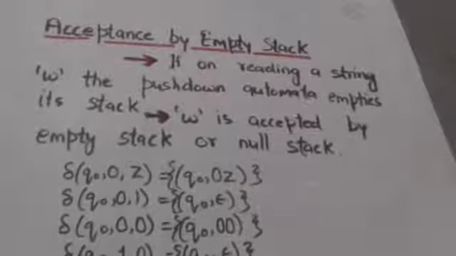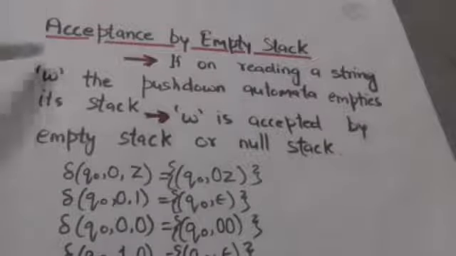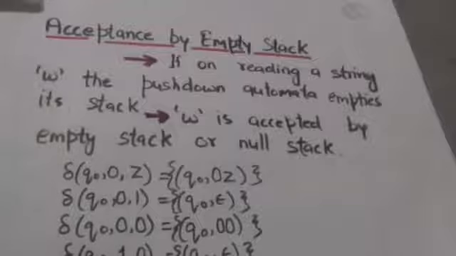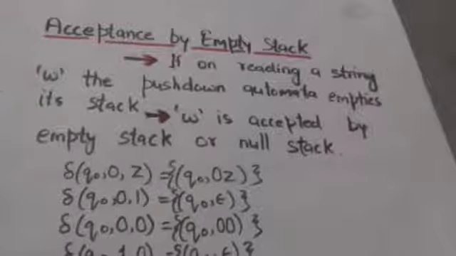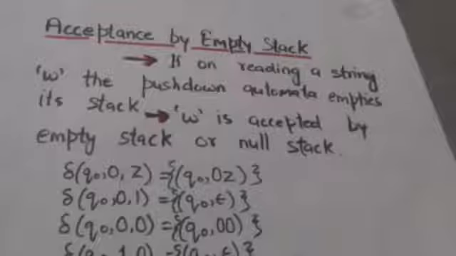Now we will study acceptance by empty stack. If on reading a string W, the pushdown automata empties its stack, then the string W is accepted by the pushdown automata by empty stack or by null stack. It would be more clear after this example.